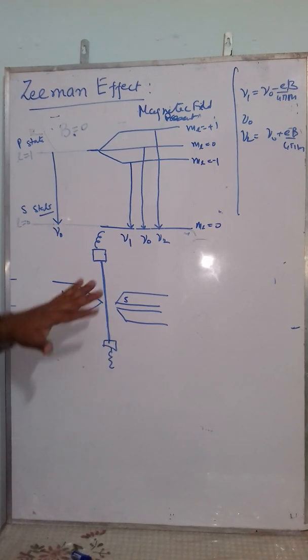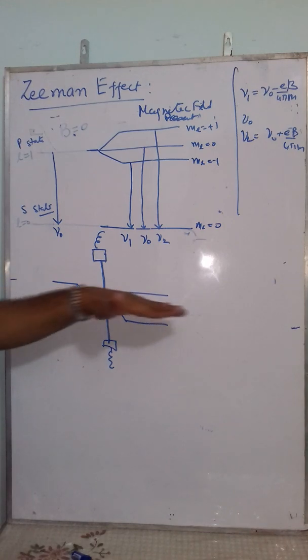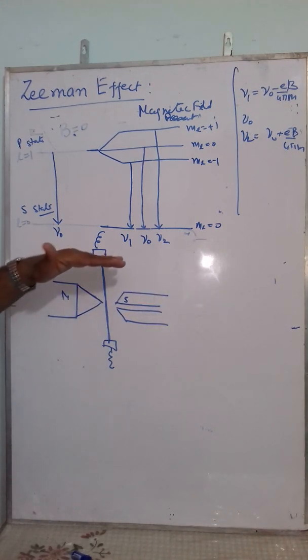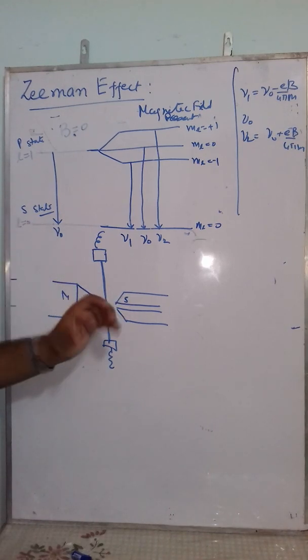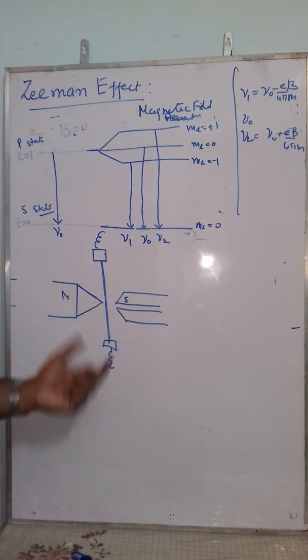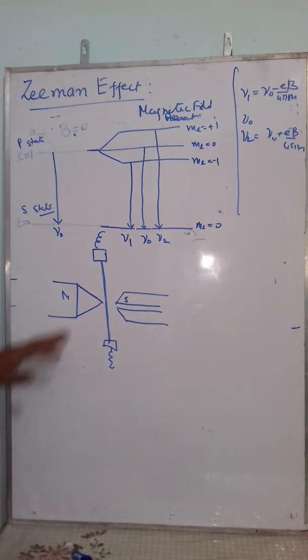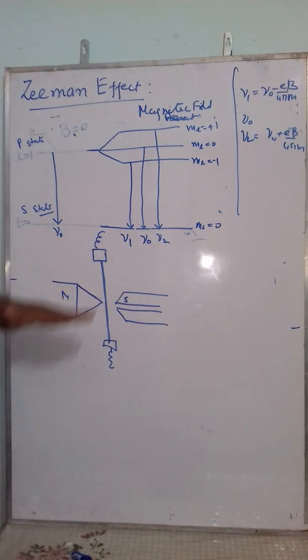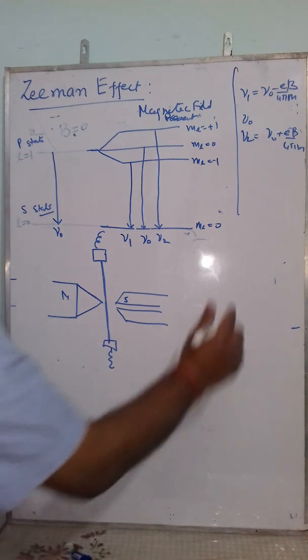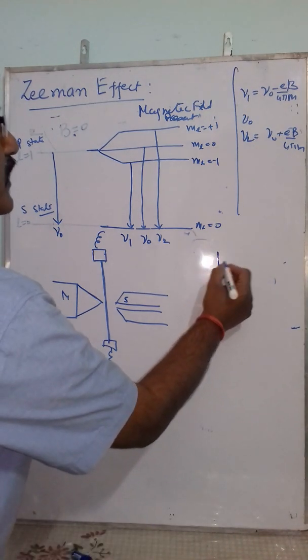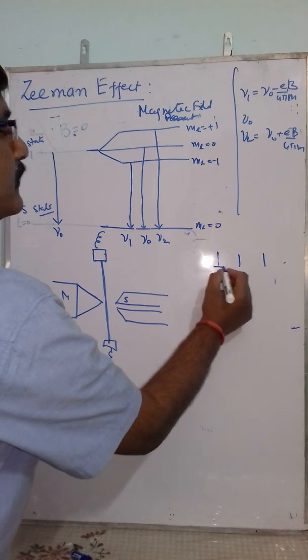Now you can observe in two different directions. One direction is along the magnetic field direction, the other is perpendicular to the magnetic field direction. You can observe it perpendicular to the magnetic field as well as along the magnetic field direction through this hole also. If you observe it perpendicular to the magnetic field, then what will you observe? You will observe three lines: 1, 2 and 3.